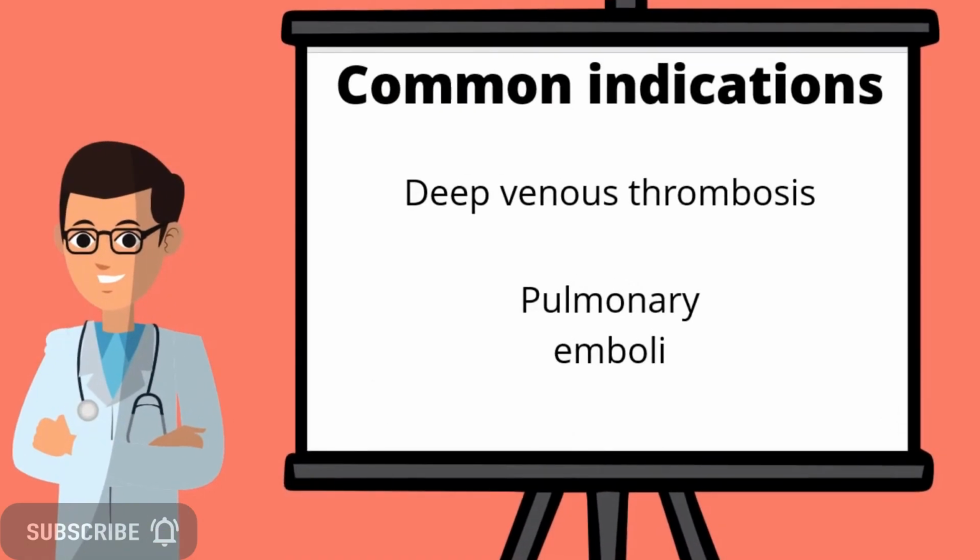So after briefly covering the mechanism of action of various oral anticoagulants, let's quickly discuss some of the common indications. Deep venous thrombosis and pulmonary emboli are quite common indications for the use of oral anticoagulants. Obviously, in pulmonary emboli, if they are clinically stable, then you give them the oral agent.